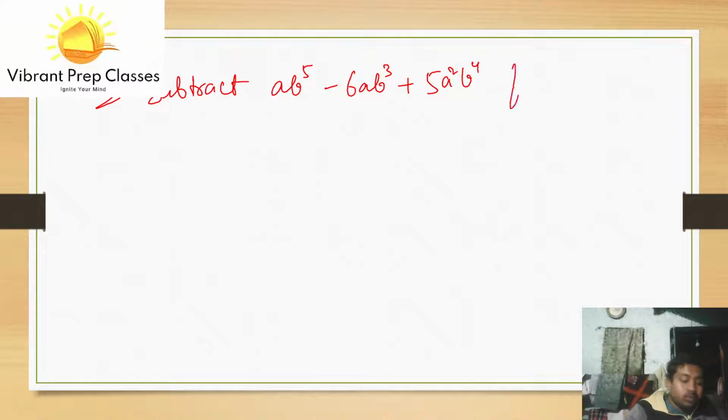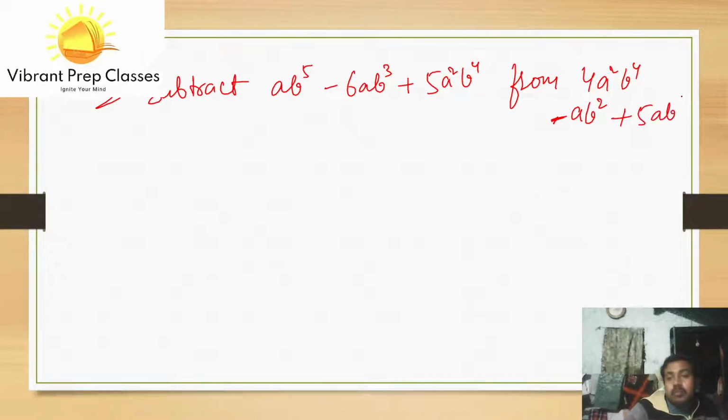Subtract ab to the power 5 minus 6 ab cube plus 5a square b4 from 4a square b4 minus ab cube and plus 5ab5.